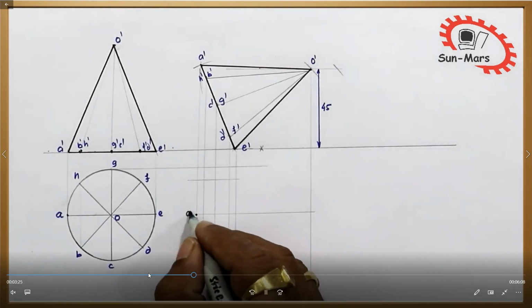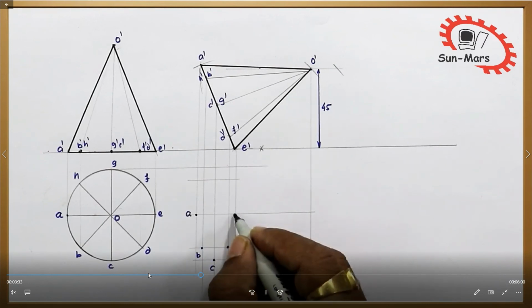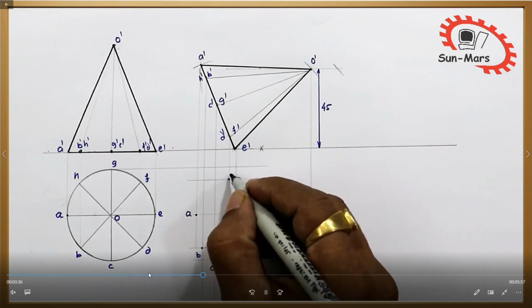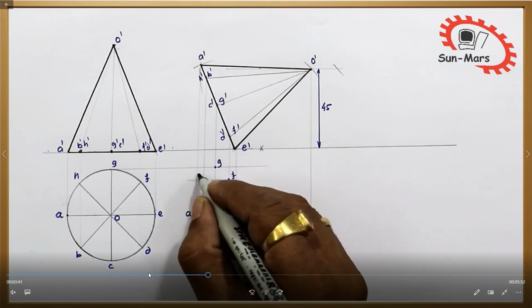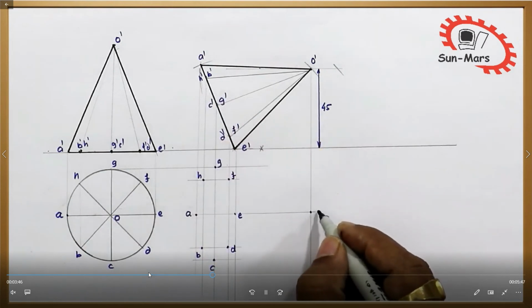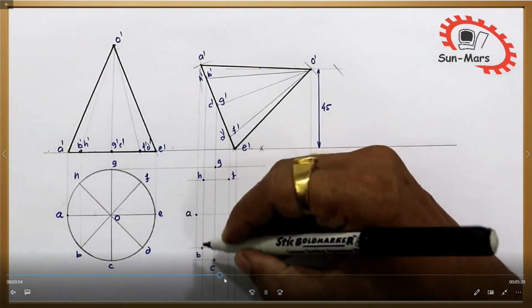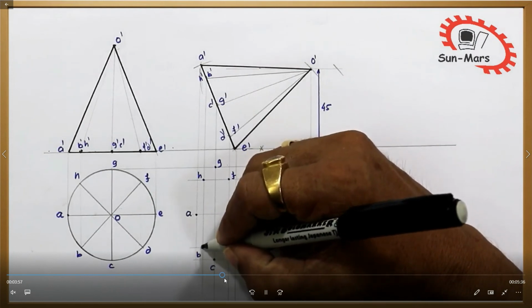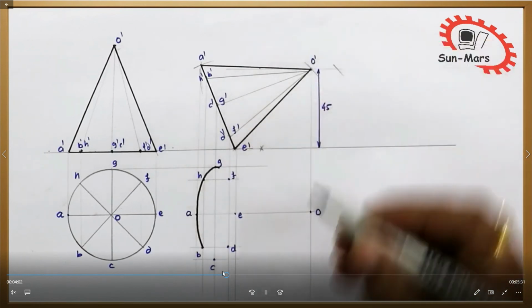You identify the points A dash, A and B, C, D, E, F, G, H. These are the points. Okay, now you join all the points, that is the apex point O. You join all the points here with the help of the scale in this way.